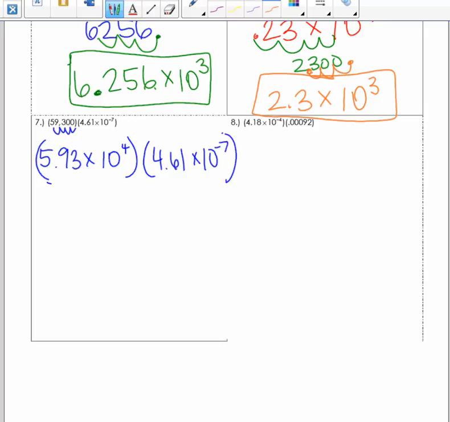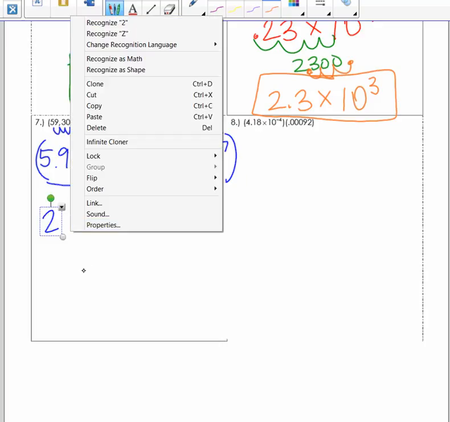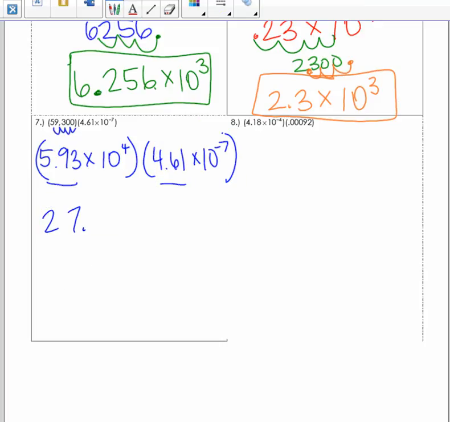So we multiply 5.93 times 4.61, and you get 27.3373 times 10, and you add your exponents, and you get negative 3.